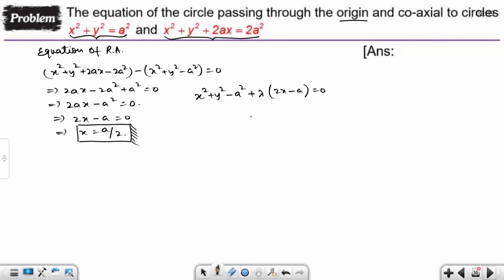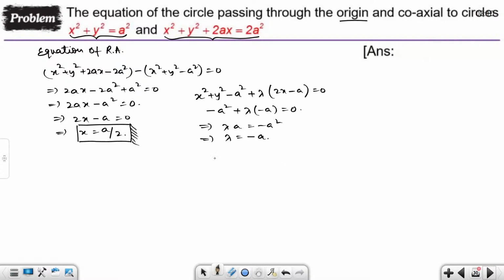So in this case, they have said that that particular coaxial circle is passing through the origin. Hence, origin must satisfy this equation. So we are having, right? So lambda is coming to minus a.